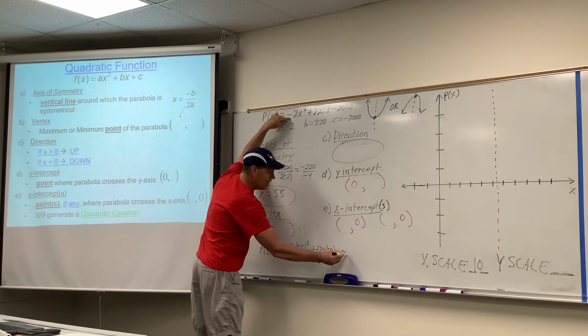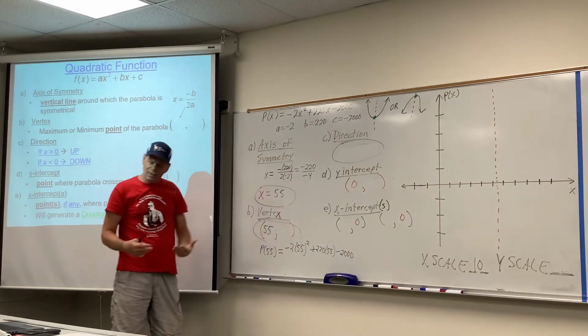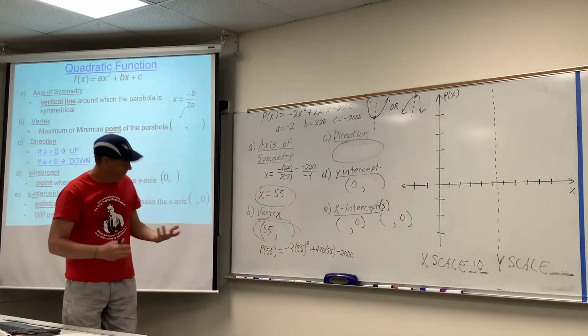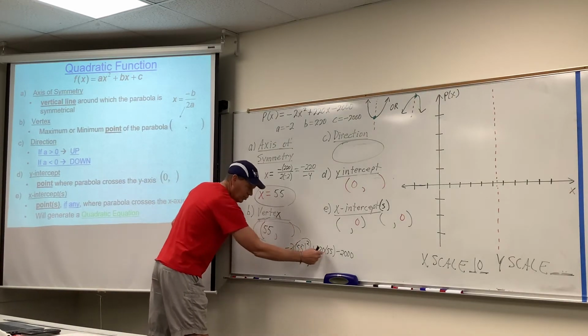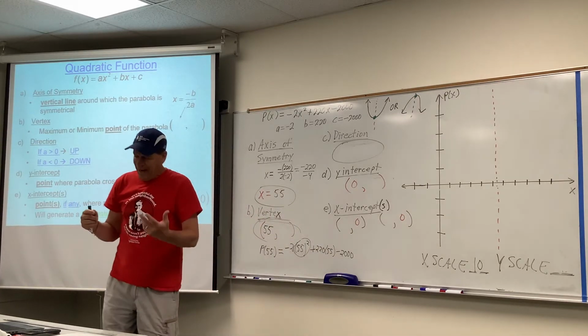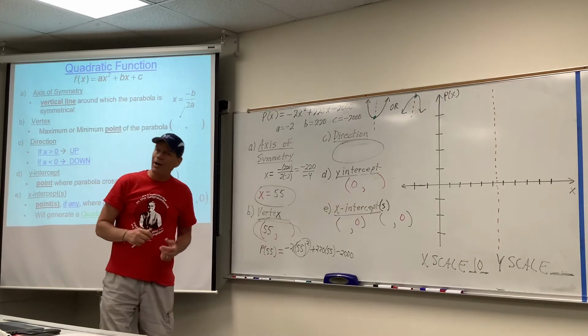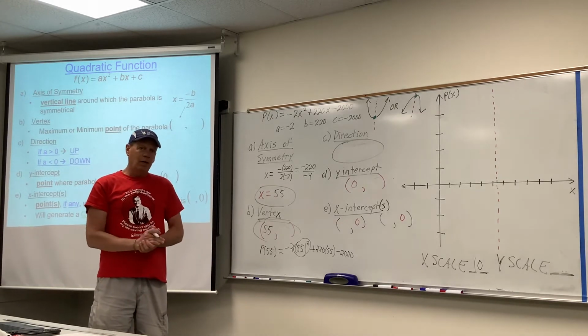We replace all the x's in that profit function with 55 and do the arithmetic: square this, then take it times this, multiply these. Order of operations, assignment 1, all right? I can't reinvent the wheel every time we move on. So I would hope that that number crunching is mechanical for you at this point.